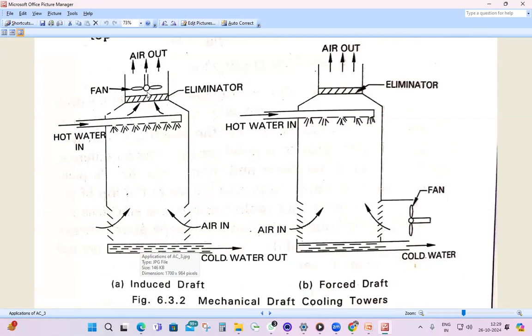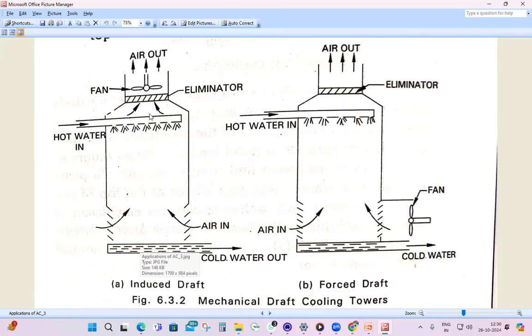In induced draft, a fan is provided at the top so that as the fan rotates, it sucks the air. That means it creates a vacuum in the cooling tower so that the air from the atmosphere will enter the cooling tower and move upwards. As the air moves upwards and the water is being sprayed on that air, there is an exchange of heat between the air and water, and the air gets heated and the water gets cooled.